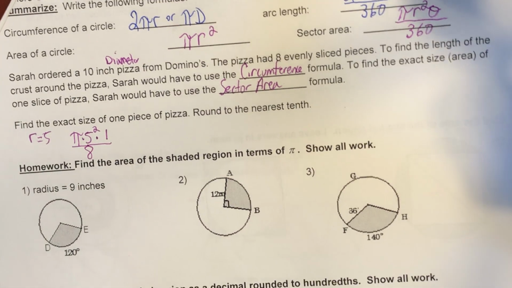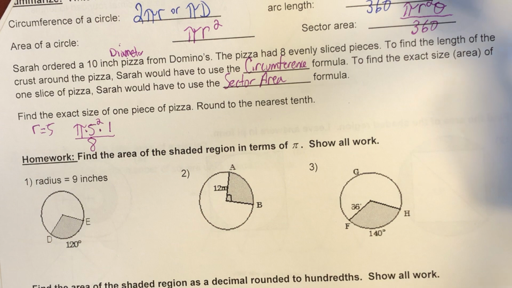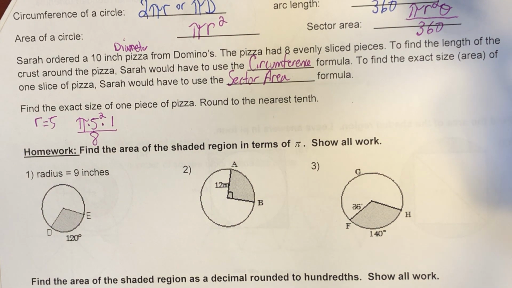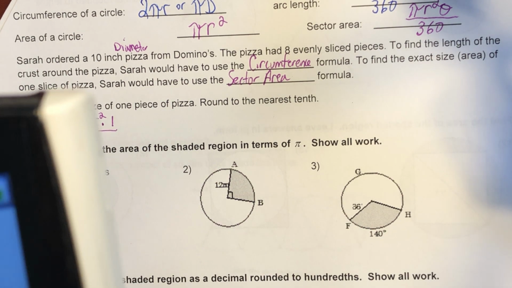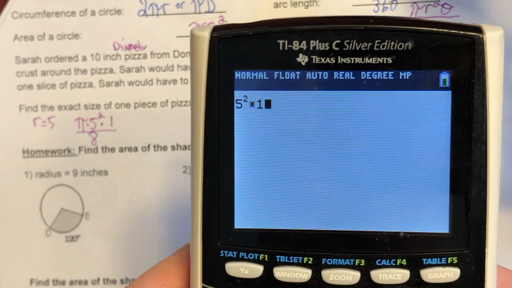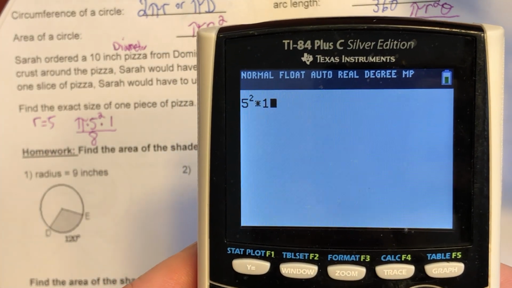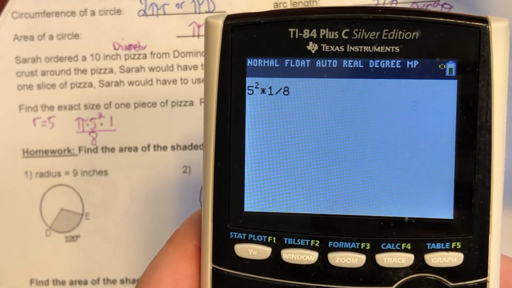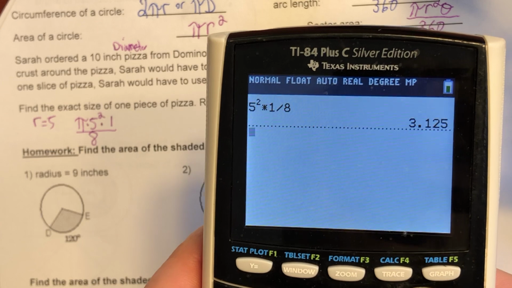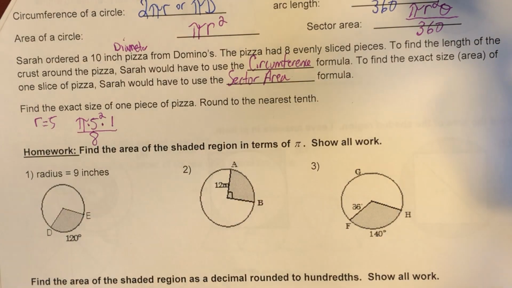All right? Now do not hit the pi button, because it said exact. So I'm going to go 5 squared times 1 divided by 8. 5 squared times 1, which you really don't need to do, divided by 8 is 3.125 pi.